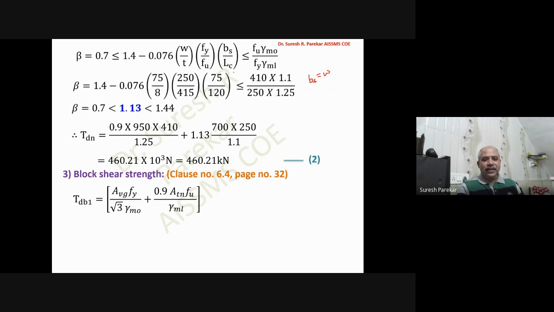Now we have the third, block shear strength. In this, TDB1 is AVG Fy upon root 3 gamma m0 plus 0.9 ATN FU upon gamma m1, and TDB2 is 0.9 AVN FU upon root 3 gamma m1 plus ATG Fy upon gamma m0. If you see, AVG and AVN will be the same, because no deduction for holes has to be considered, and ATG and ATN are the same, with no deduction for holes.